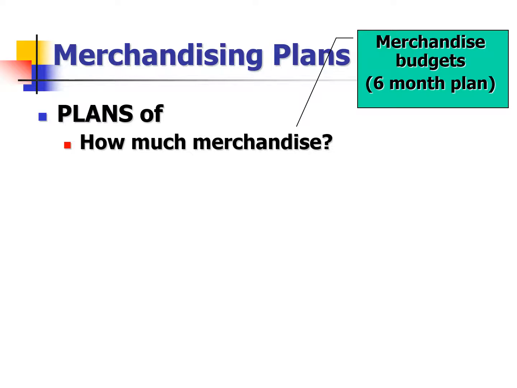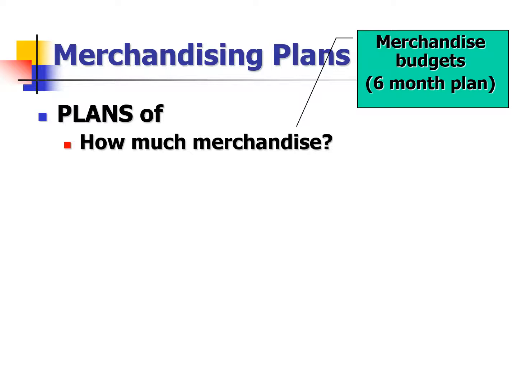All right, let's talk about merchandising plans. The 6-month plan is part of the entire merchandising plans. When we plan merchandising, we plan a lot of different things. The first thing that we plan is how much merchandise we are going to have.